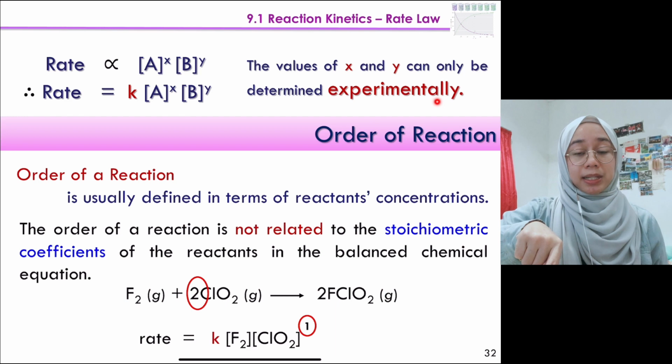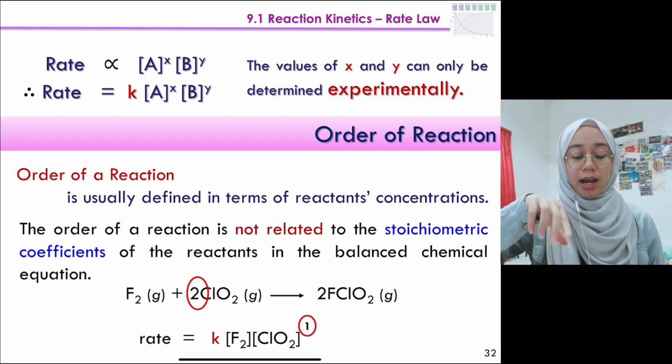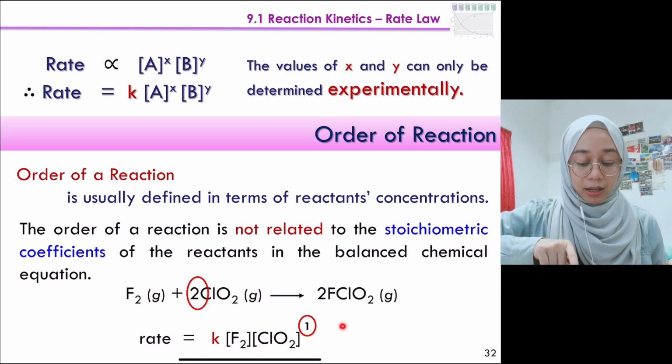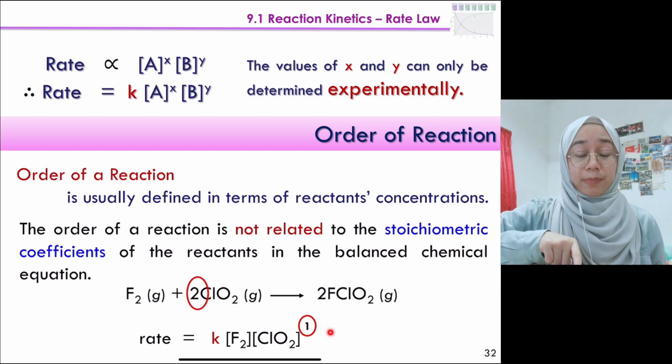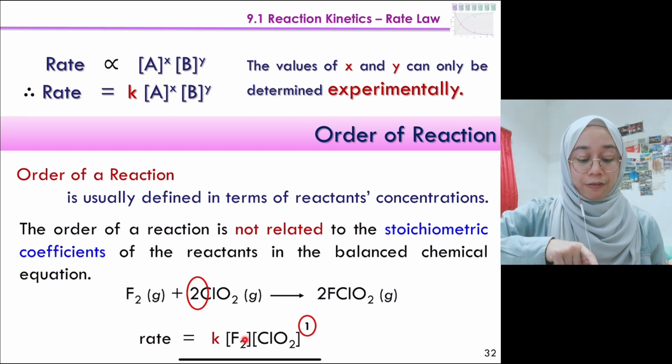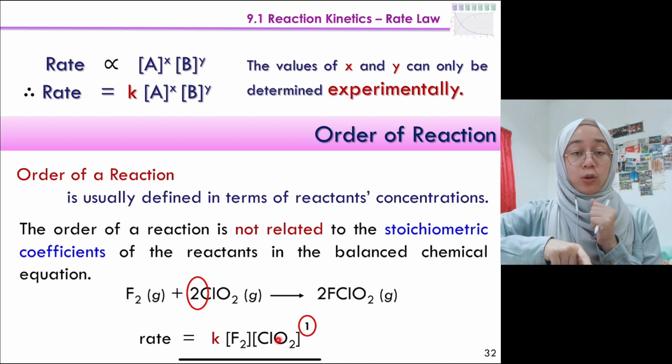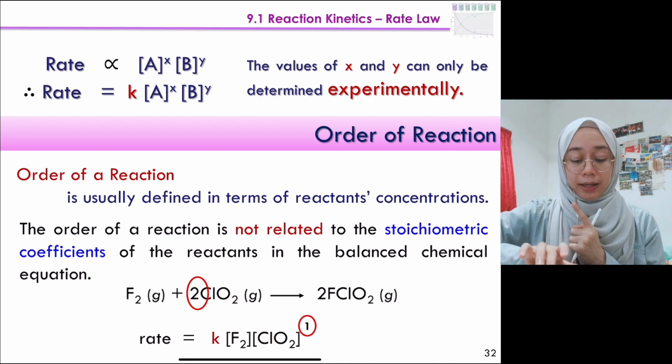Okay, daripada eksperimen saja kita akan boleh determine value ni. Ataupun kalau dia bagi terus rate law kat kamu macam yang ni, so kamu tahulah apa dia punya value untuk rate law kat sini. So basically kalau with respect to F2 it would be 1. Kalau with respect to ClO2 it would be 1 as well. Okay.